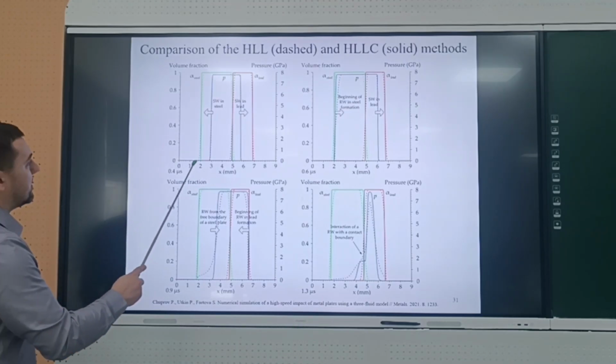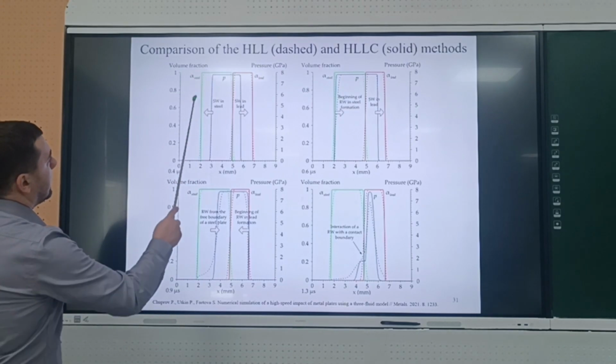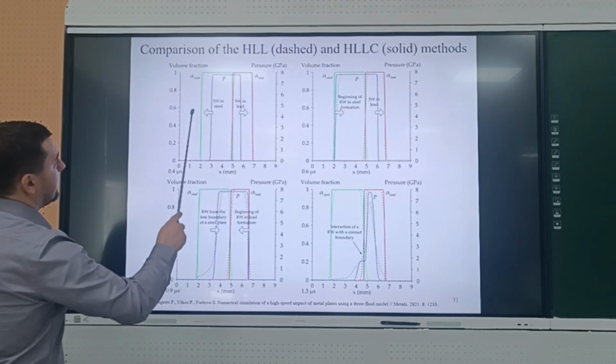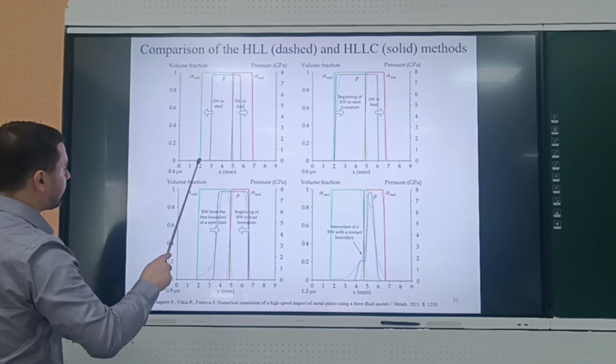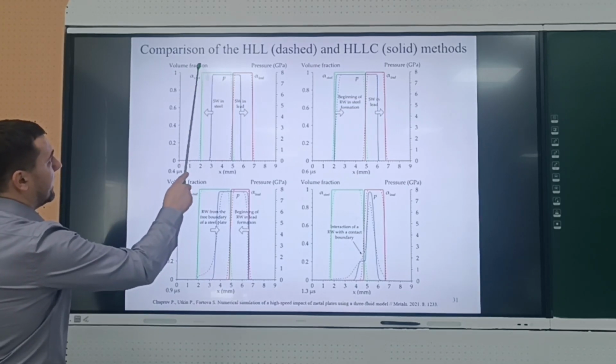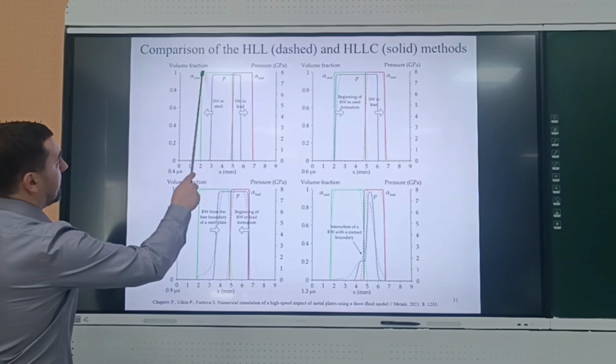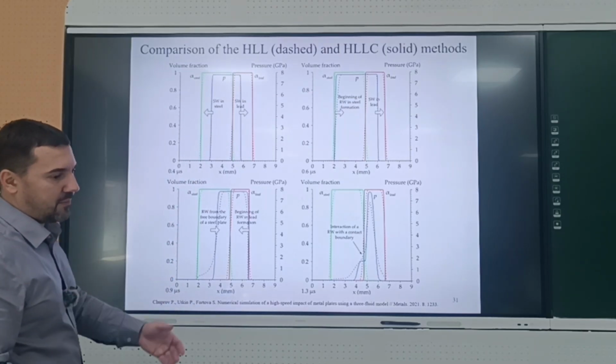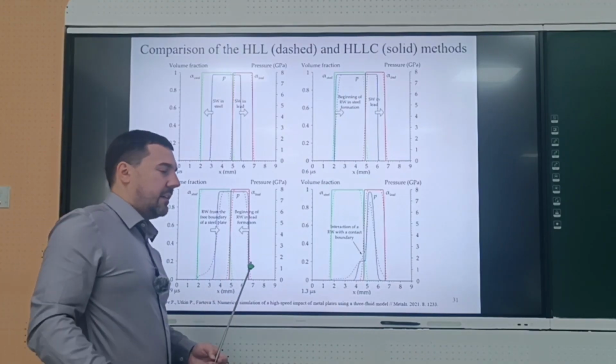For example, this is the boundary of the steel plate, and you can see that in the simulation using the HLLC method, it is an ideal boundary, with no mirroring. At the same time, for the HLL method, you can see this smearing. So you can imagine that, for example, you have a plate and you put it on the table, and that's it.